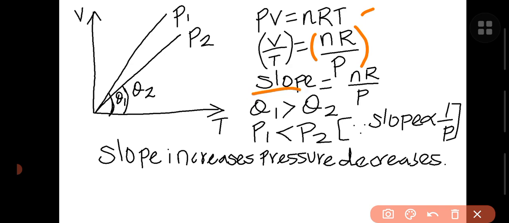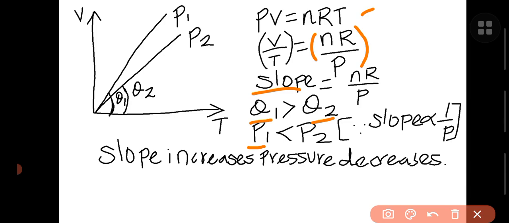Here slope is inversely proportional to the pressure. When theta 1 is greater than theta 2, P1, pressure 1, will be lesser than P2.